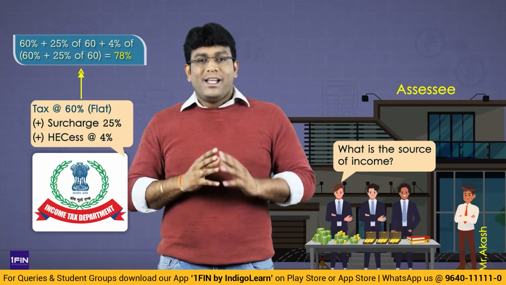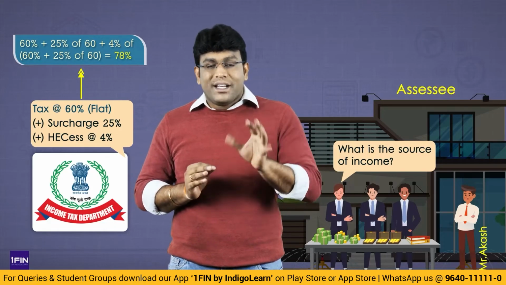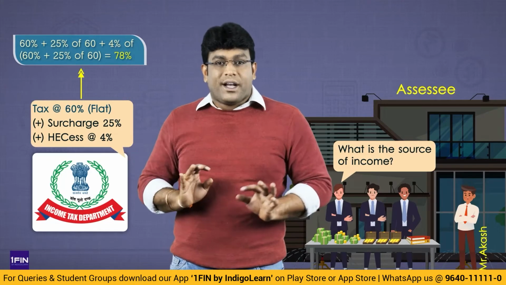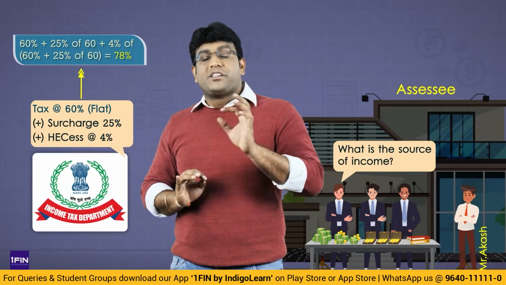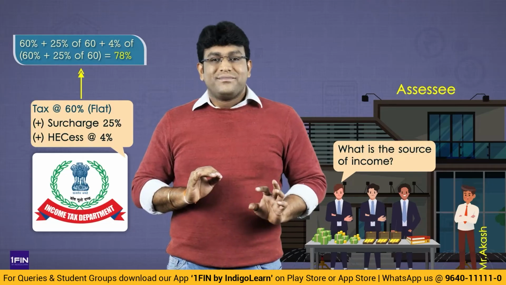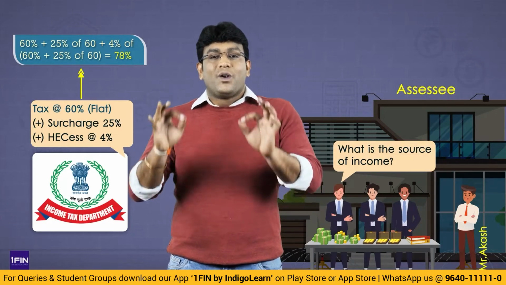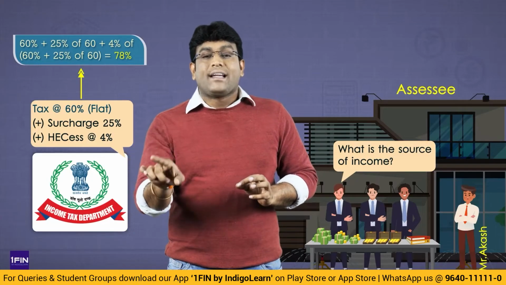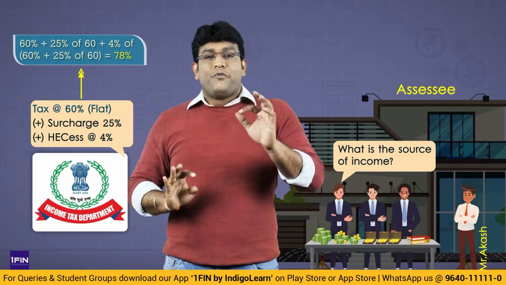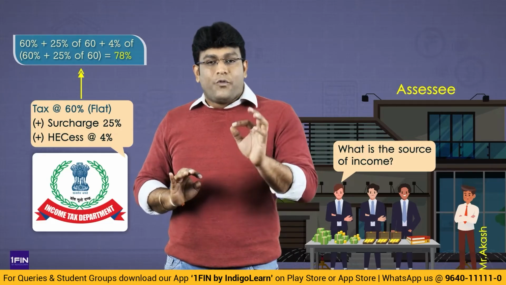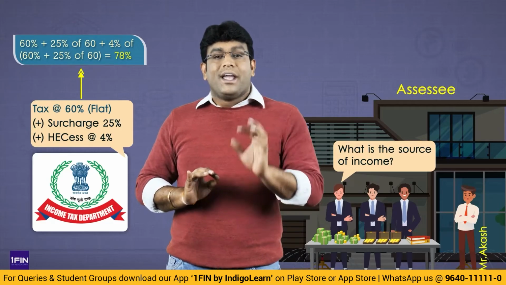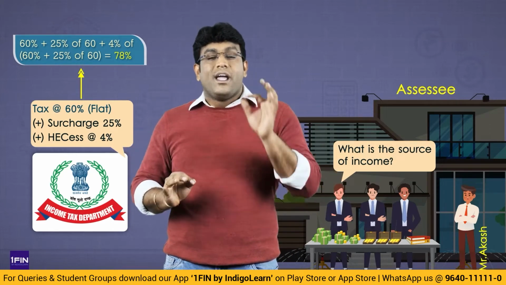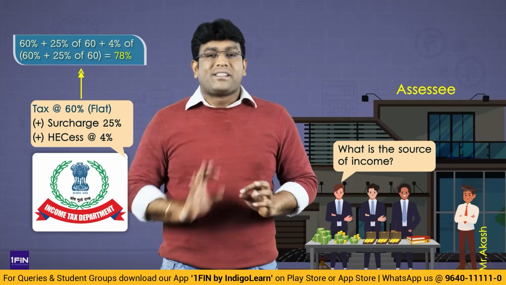You might get one doubt. Sir, how has 78% come? The reason is that 25% is calculated on 60%. 25% of 60% is 15, and 60 plus 15 total is 75, and this 4% is calculated on 75. 4% on 75 is nothing but 3%. 75% plus 3% works out to 78%.